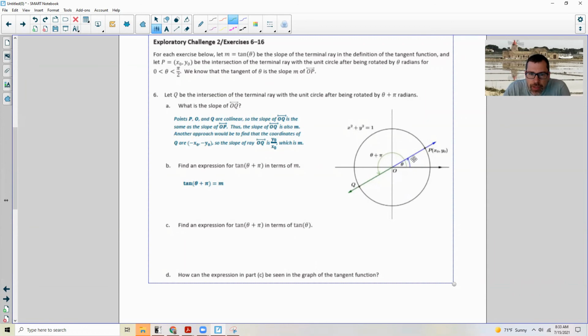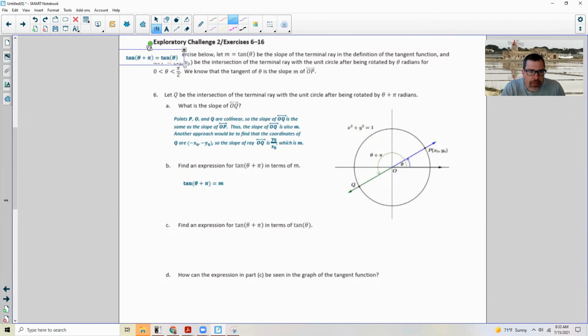Well, if tan theta is equal to m, then I can just substitute that in, and there it is. Tan theta plus pi equals tan theta. D says, how can the expression in part C be seen in the graph of the tangent function? All right, so the pieces of the tangent function repeat every pi units because the tangent of theta plus pi equals the tangent of theta.